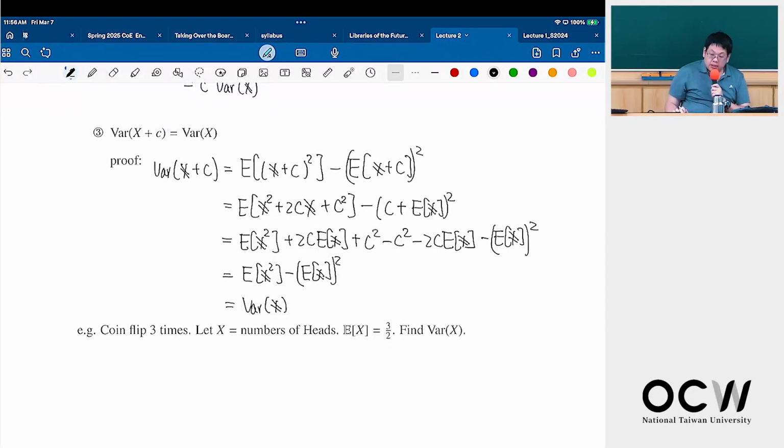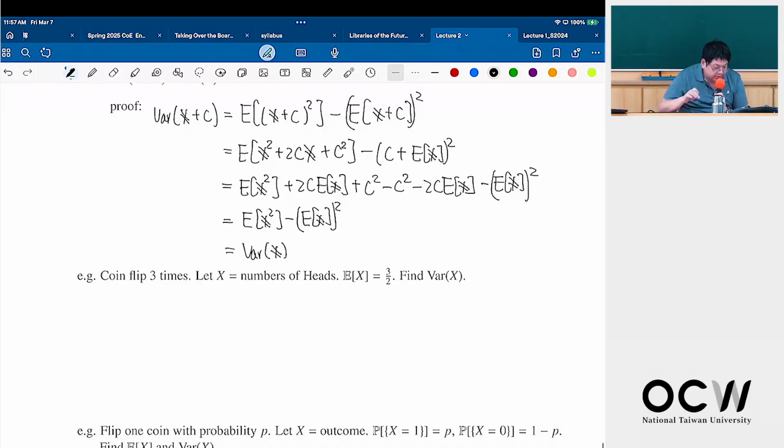Now let's see an example finding the variance. I flip the coin 3 times, and I always need to define the random variable. This time the random variable is the number of heads. The expectation we know is 3/2. Then what is the variance? Again, you can plot the PMF.